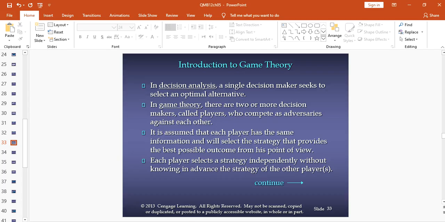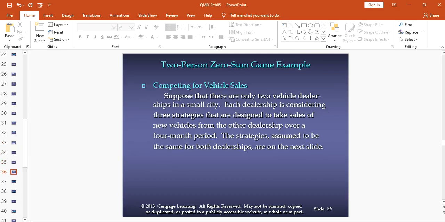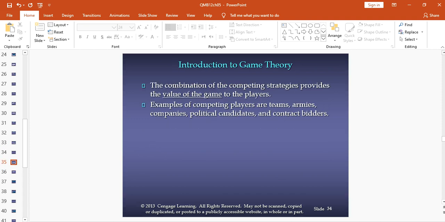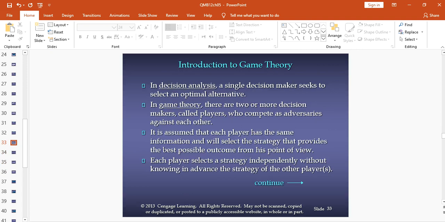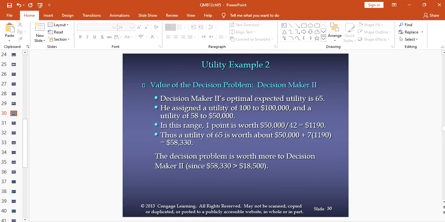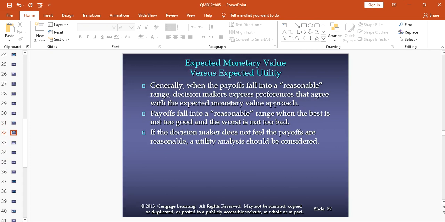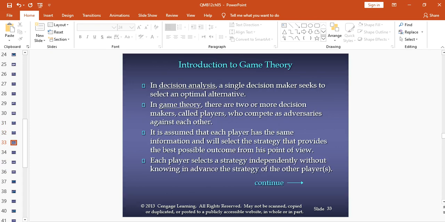Let's get back to the slides. Both parties select the strategy. Sorry, I cannot find the precise wording. Okay, independently, without knowing the strategy of the other players in advance.